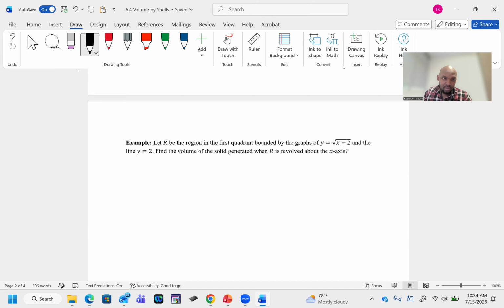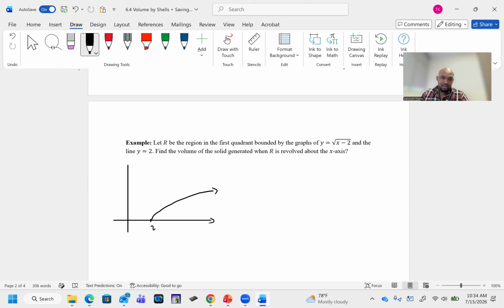If we sketch these two equations, the graph of y equals the square root of x minus 2, let's say 2 is right here, that shape will be like this, right?